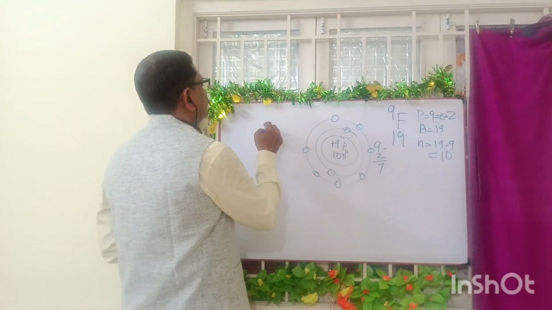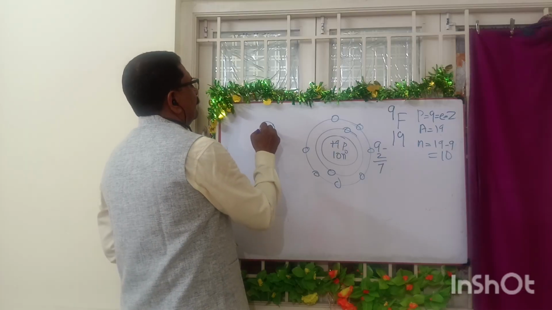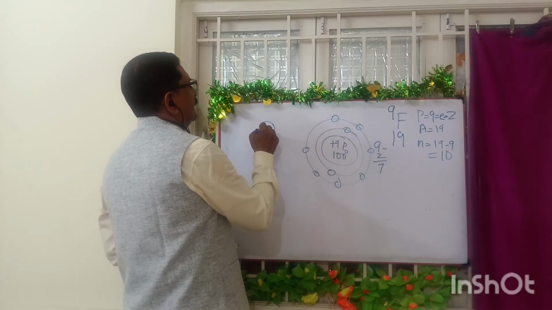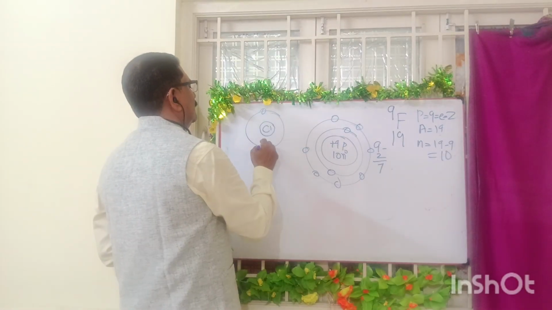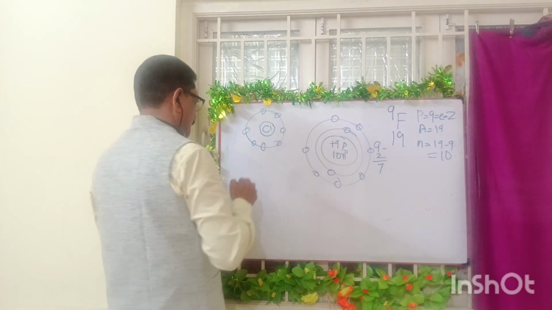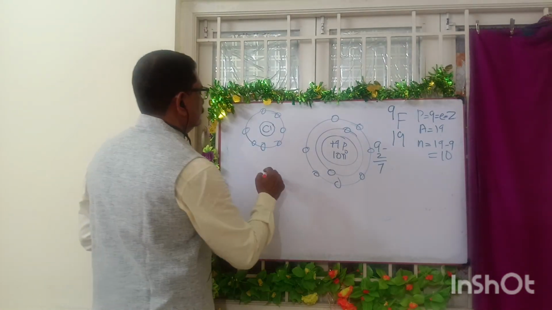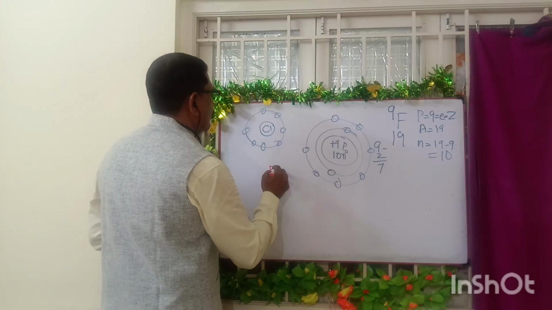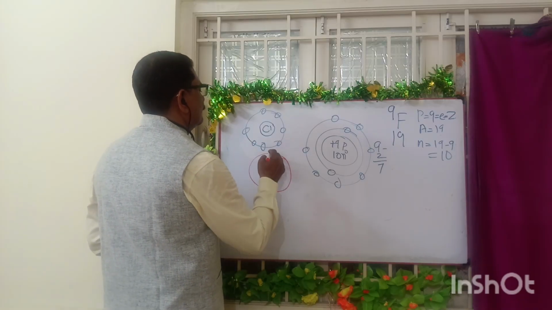Next is chlorine. You draw the simplest way, representing the nucleus and the inner orbit area. The outermost contains 1, 2, 3, 4, 5, 6, 7. Chlorine. Then comes bromine, including nucleus and the inner orbits.